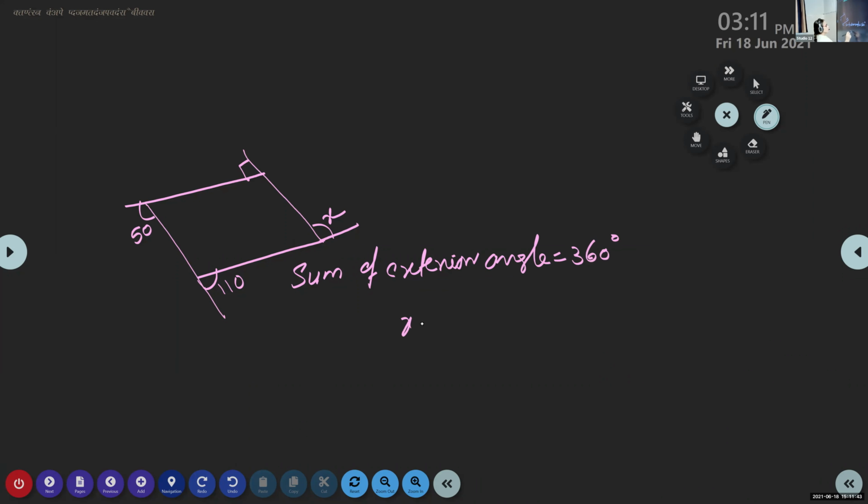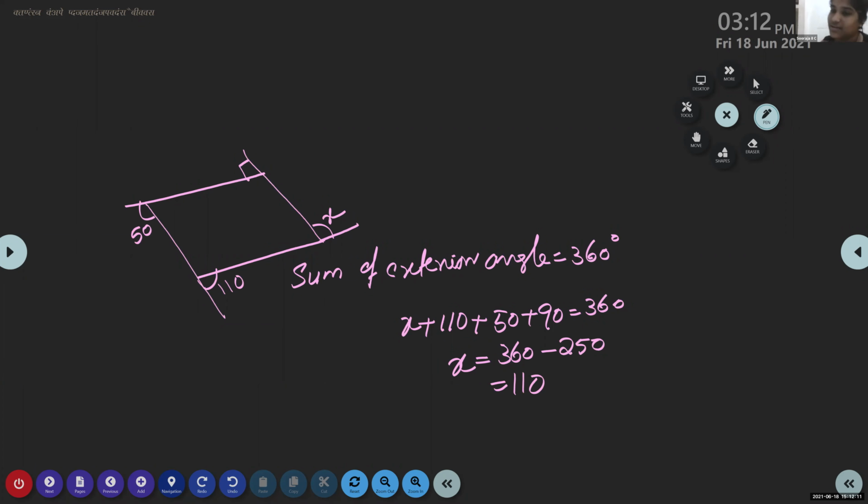So we can write x plus 110 plus 50 plus 90 equal to 360 degrees. So x equals 360 minus 250, which is 110. Correct.